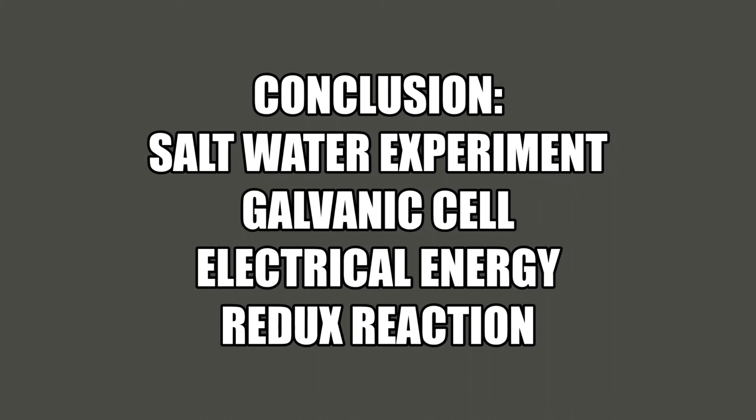How is the saltwater experiment possible? This is because the copper strip acts as the positive electrode and the aluminum strip acts as the negative electrode. These 2 electrodes combined now produce a galvanic cell.